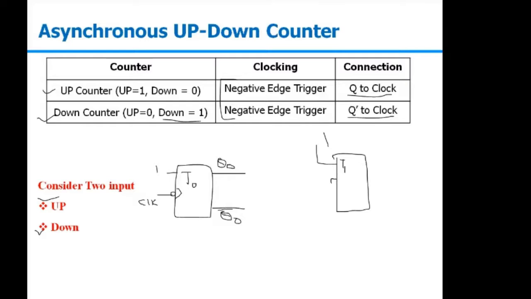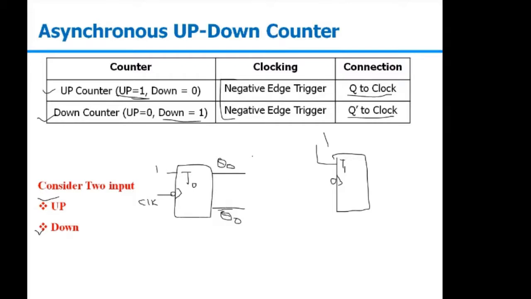We need to design some circuit here, because if it is a single up counter or down counter, we can simply have the connection from Q node or Q node bar. But since we are designing both together, when up is 1, Q needs to be connected to the clock. So Q node needs to be connected to the clock.